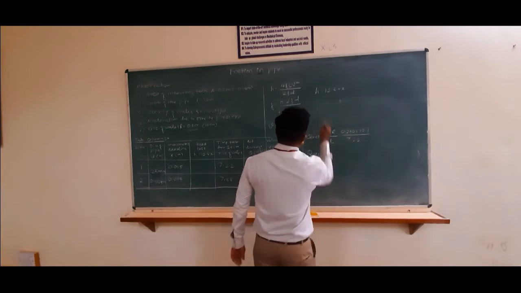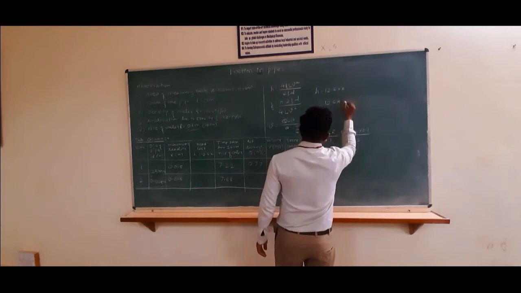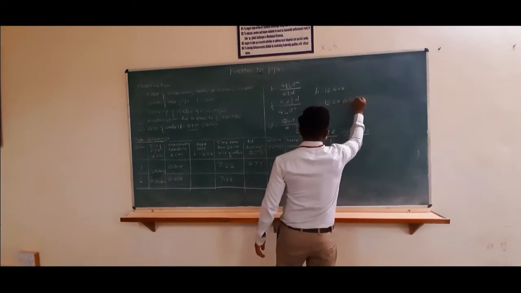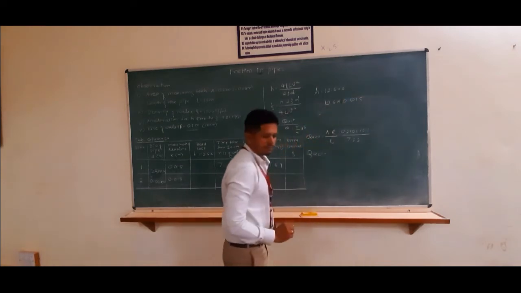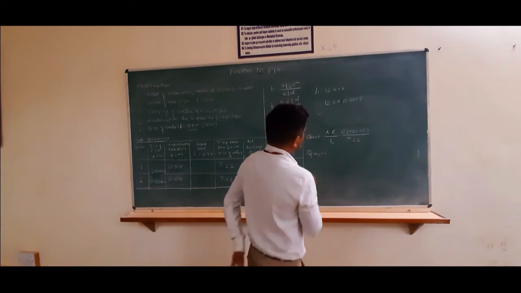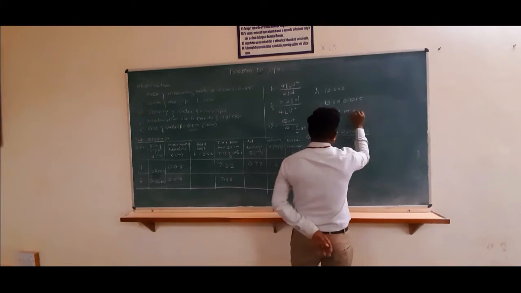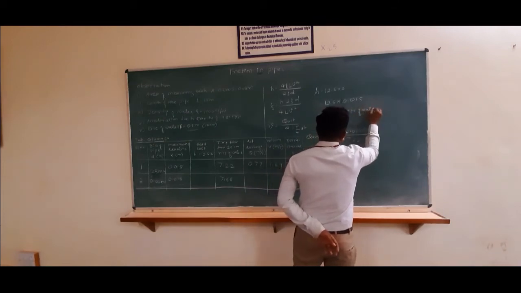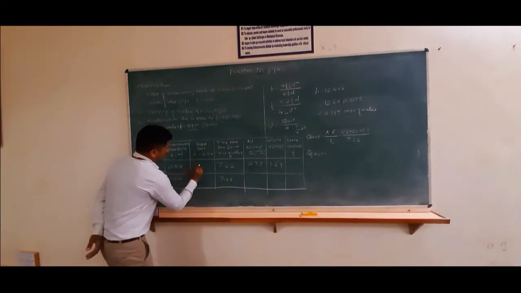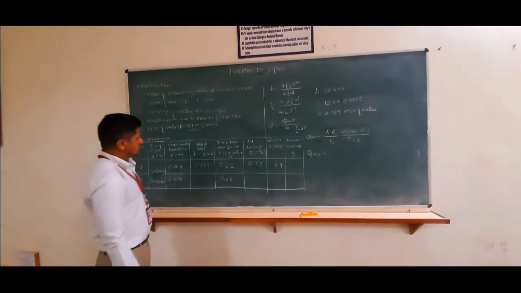The h is 12.6 into the difference, that is 0.015, and the answer is 0.189 meter, that is meters of water. So again we will keep the value in a tabular column. 0.189 meters of water.